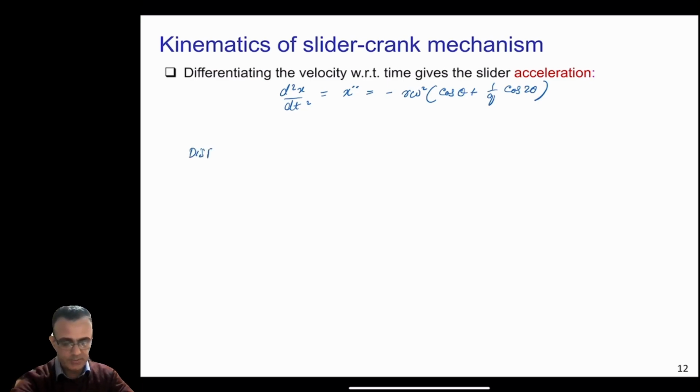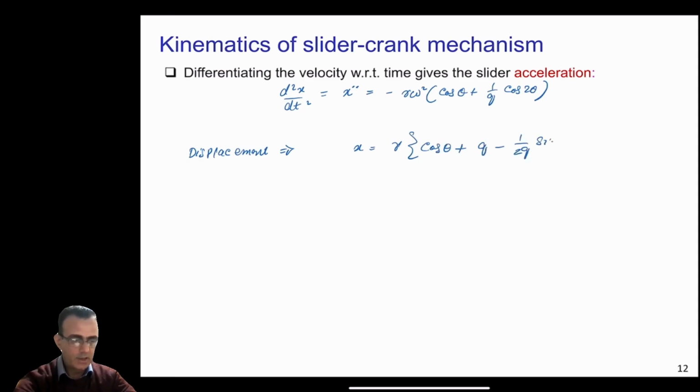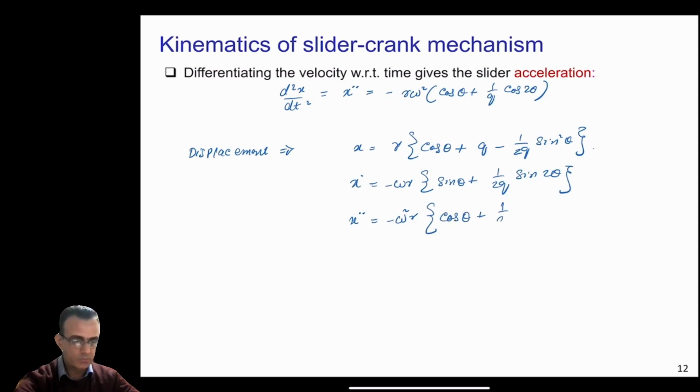One was for the displacement, which is x, and x is equal to r cos theta plus (q minus 1) over 2q sine square theta, and then x dot becomes equal to minus omega r sine theta plus 1 over 2q sine 2 theta, and x double dot is minus omega square r cos theta plus 1 over q cos 2 theta here.